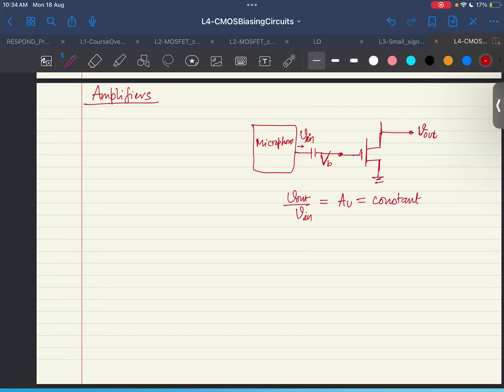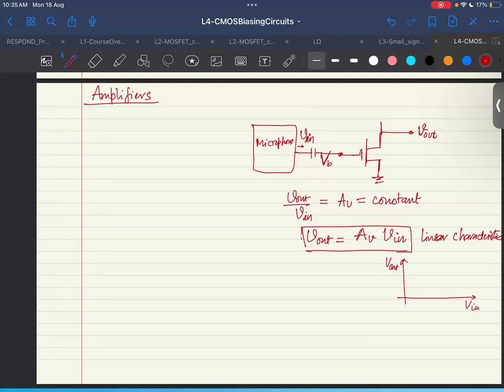Constant means that you would see a characteristic like this, which means that it is a linear characteristic. So V out versus V in would be linear. That is one of the keys of an amplifier, that I want V out versus V in to be linear.